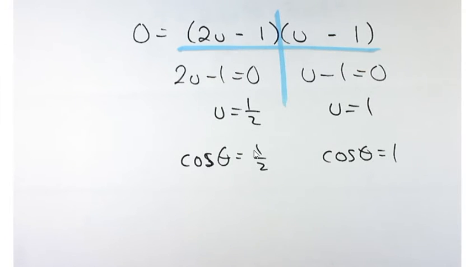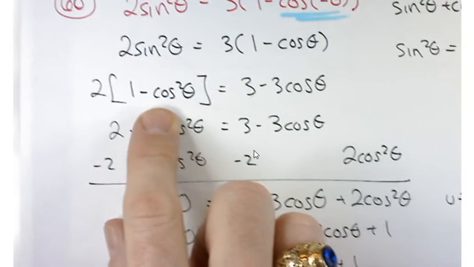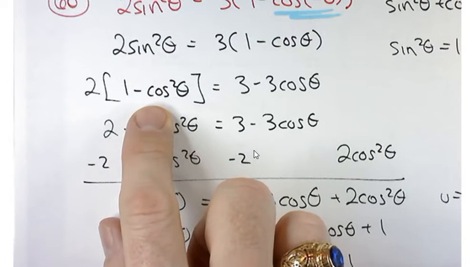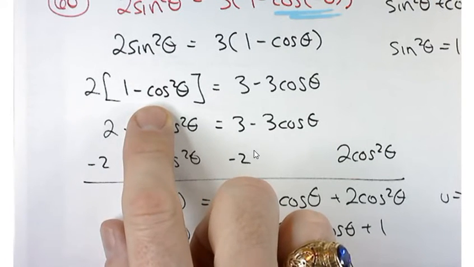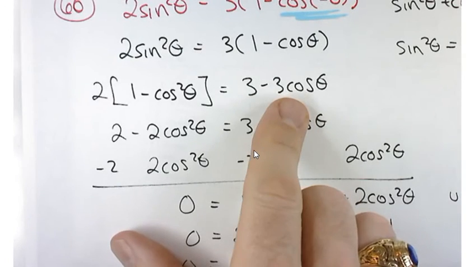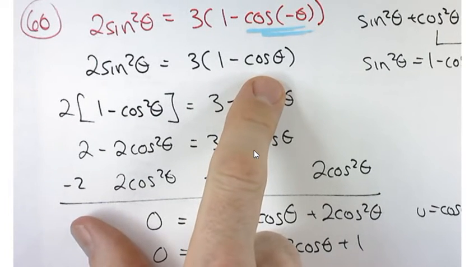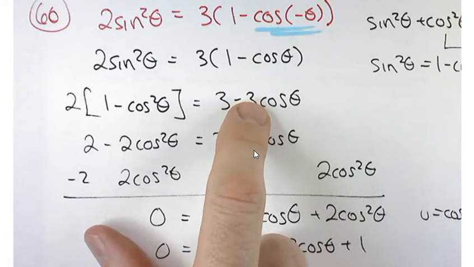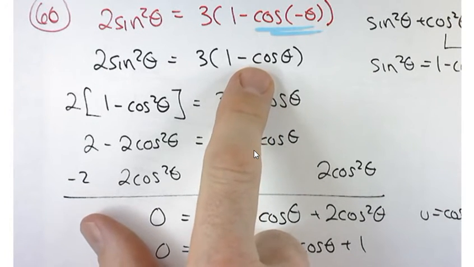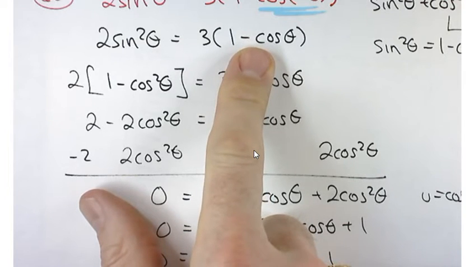Terry? This is true. You could have divided out. If you would have canceled it out, you probably might be losing a solution.